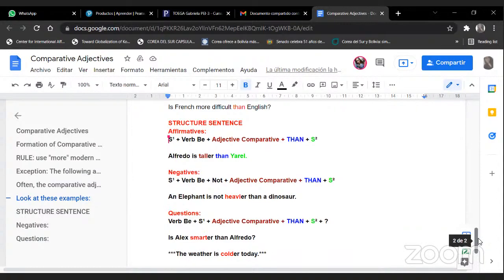After the first subject, we put the verb to be according to the subject, maybe is or are, or maybe in the past, was, were. Then we have the comparative adjective: if it is 1 syllable, we add ER; if it has 2 syllables, we use more; or if the adjective ends in Y, we delete the Y and put IER.